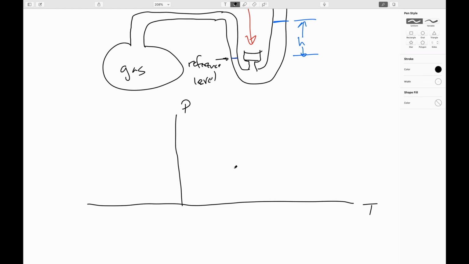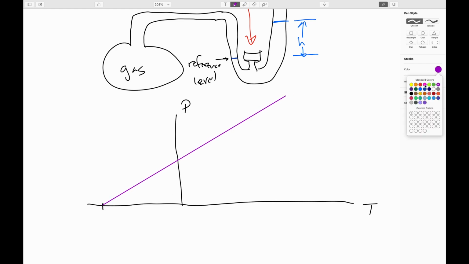Although it turns out that for the most part, as long as you're not at crazy high pressures, the main thing that matters is just what your density is. So anyway, it turns out that for different gas samples, you can make a plot of the pressure of the gas as a function of temperature.